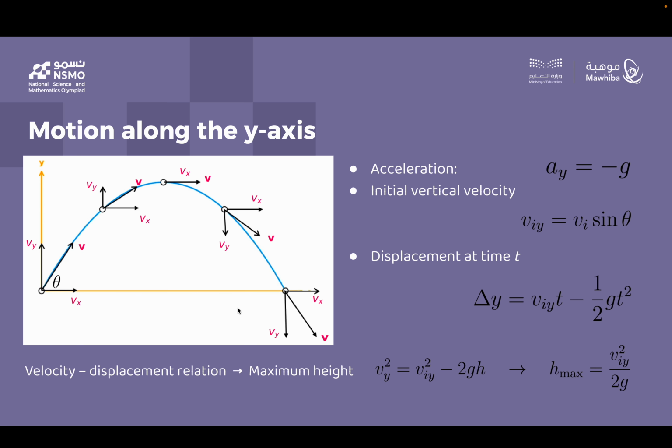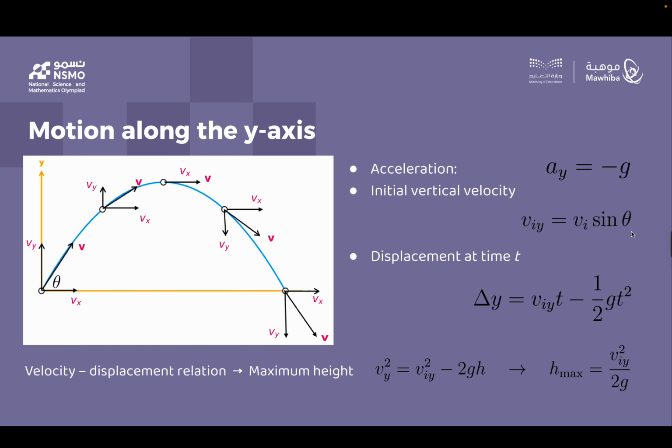The motion along the y-axis can be described with the constant acceleration ay equals minus g. Why do we need the minus sign? Because the y-coordinate is chosen to be positive upward and gravity acts downward. The initial velocity is simply the other component of the velocity vector, so Viy equals Vi times sine theta.